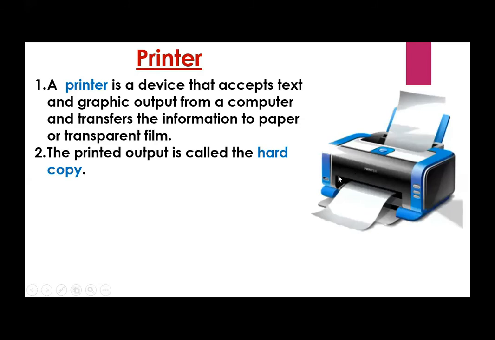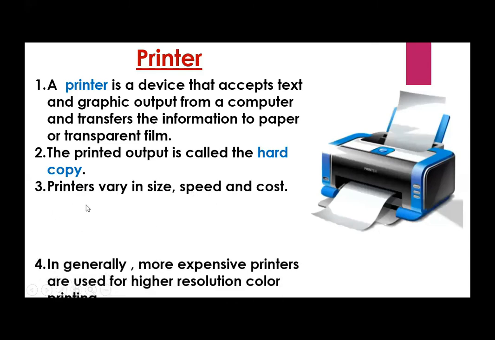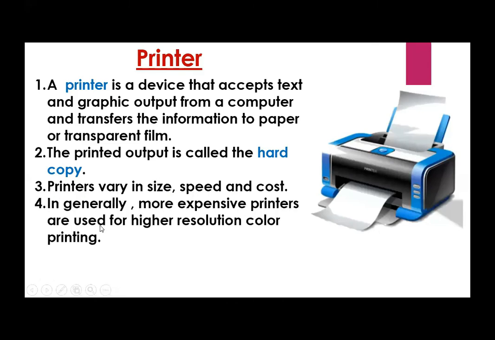The printed copy or result that we get on paper is called a hard copy. Printers vary in size, speed, and cost. Generally, more expensive printers are used for high-resolution color printing.